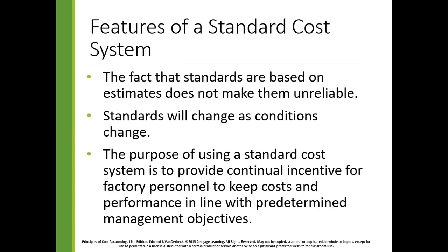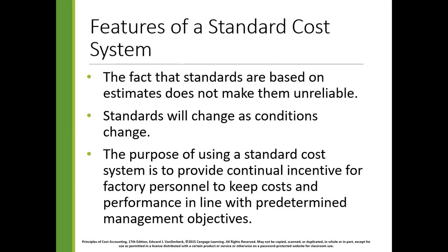So because these are based on estimates, they are subjective in a sense, right? They can change depending on different levels of activity, or lower prices paid, or greater efficiency, whatever the case may be, right? As those types of conditions change, so will our variance and our budget data.